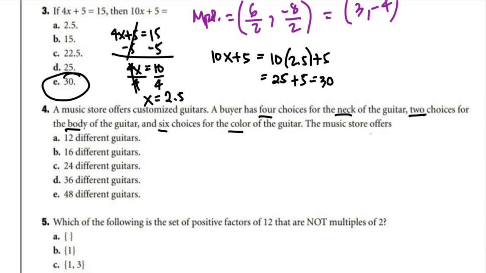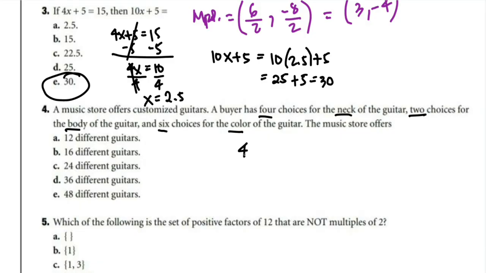The music store offers blank. So we need to find the total number of different guitars that are offered here. And then we multiply the number of neck choices, body choices, and color choices. So we just multiply this.